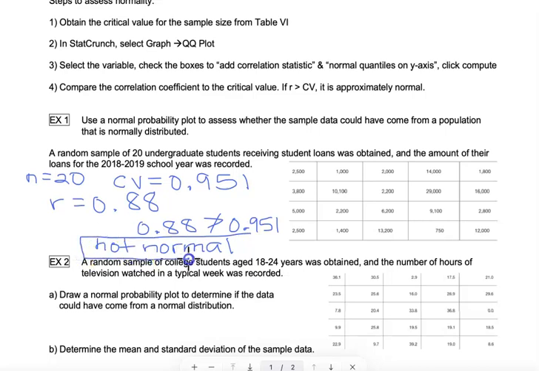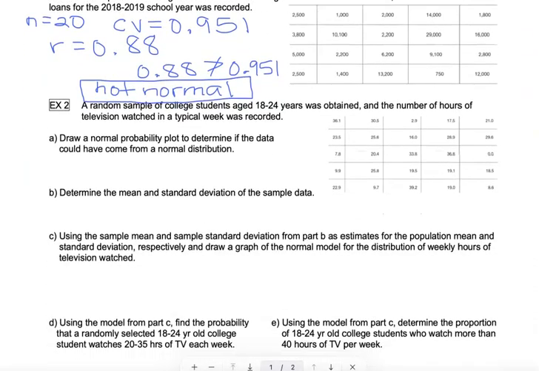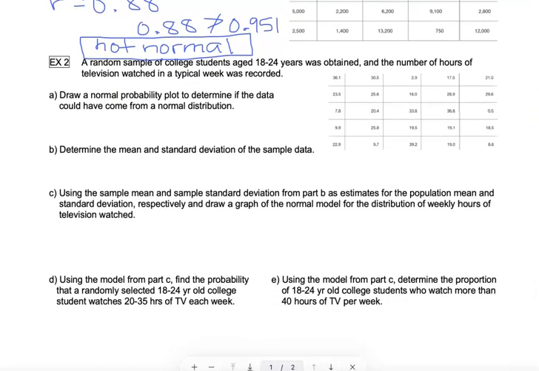So again, that tells us that the things that we've learned from normal distributions in the previous chapter 7 sections do not apply to this data because it's not normal, so we can't use a normal calculator and expect to get accurate results.